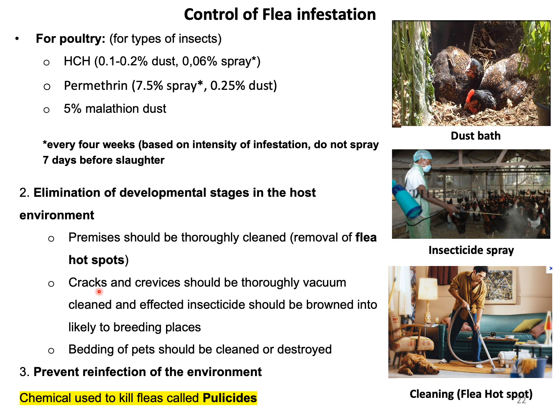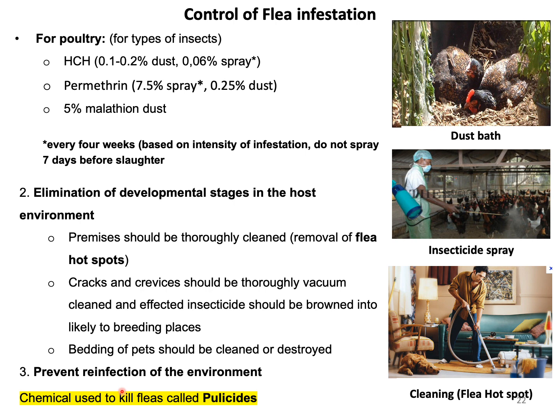Afterwards, after cleaning the cracks and crevices, an effective insecticide should be blown in to prevent breeding or to kill the leftover pupae, adults, or eggs. And the bedding of the pets should be cleaned or destroyed.